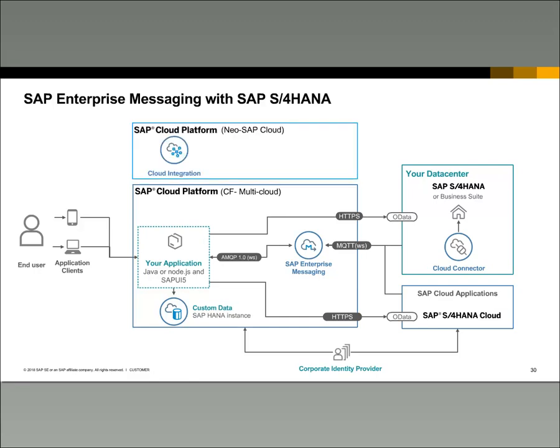And you need not have everything done only inside of the SAP Cloud Platform. We have a lot of open protocols with HTTP, which is also one of the protocols using which cloud integration, for instance, can talk to enterprise messaging to be able to send or receive events from S/4HANA or any other application, and the same channel can be used for, let's say, sending or receiving events from any third-party applications or services.